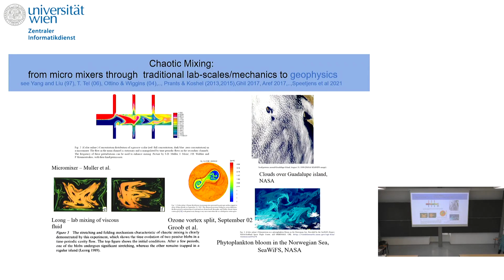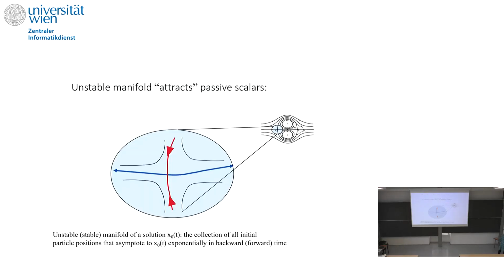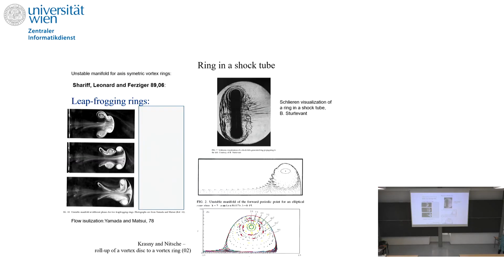And let me show you one more example, which I really love. This was also inspired by our work on this unstable manifold. This is a picture from the Album of Fluid Motion of leapfrogging vortices.